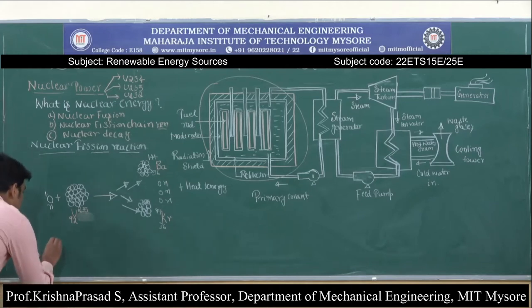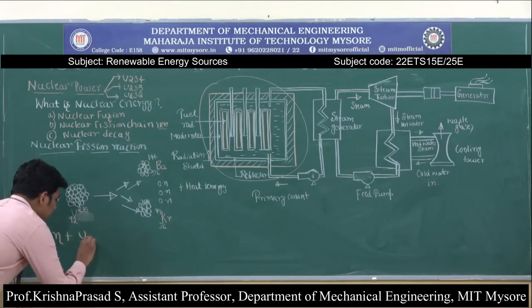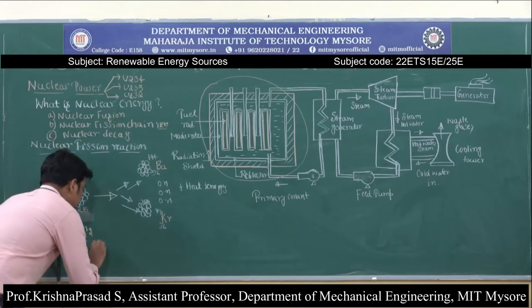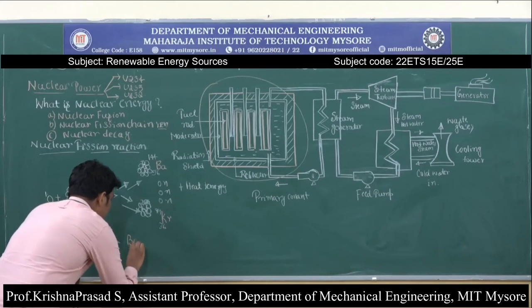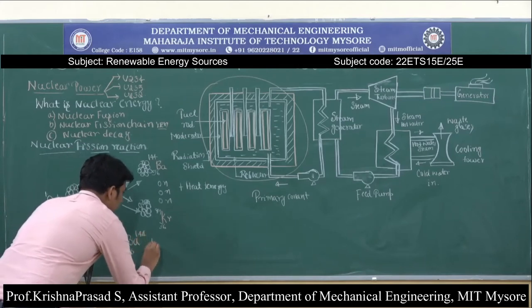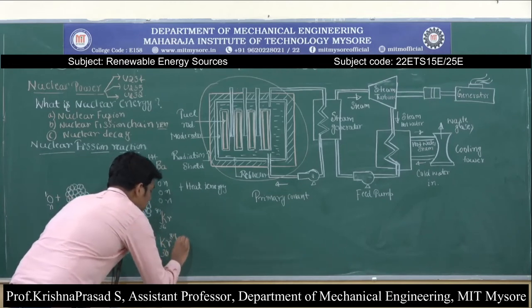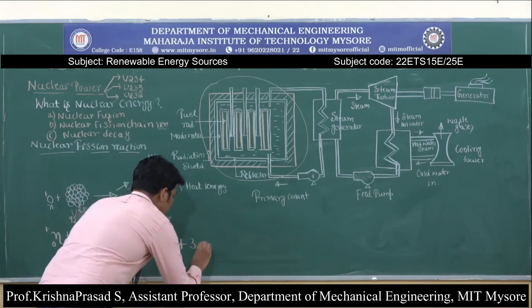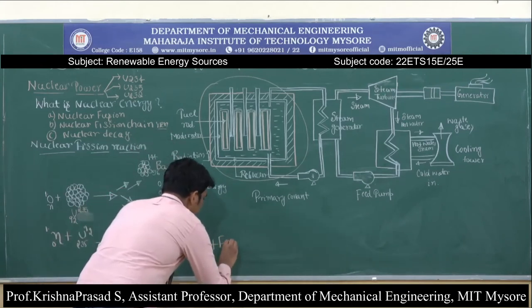Observe here, one neutron combines with uranium 235 (atomic number 92), and it releases two lighter elements, barium and krypton, along with three neutrons and a large amount of energy.